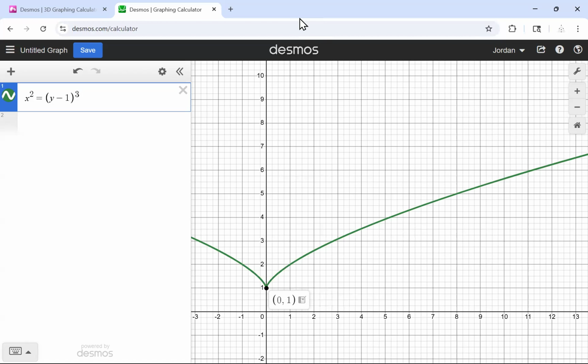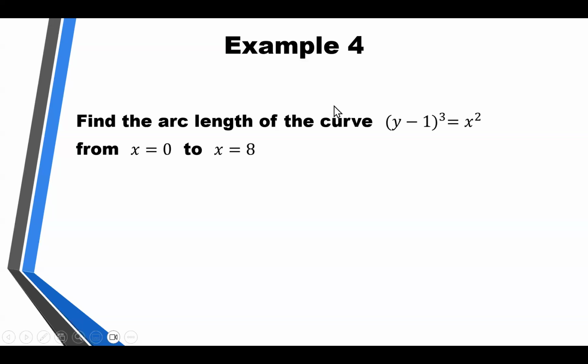So there we go. That's the idea of arc length. And we can see that in this case, we could use either the arc length formula for integrating with respect to y, or the arc length formula for integrating with respect to x. There are some equations where you'll have to use one or the other.